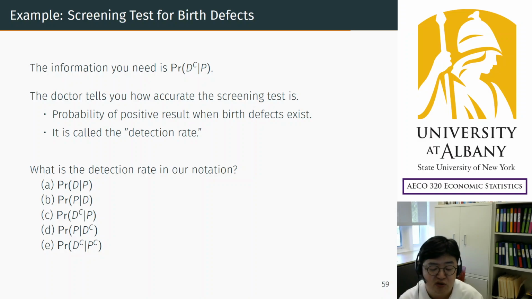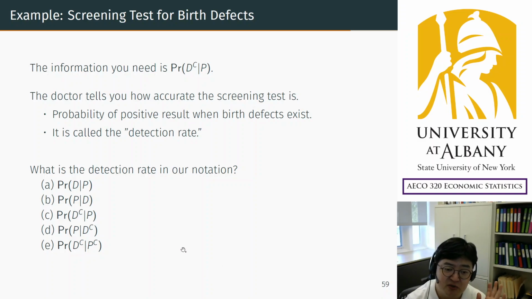You are doing some test on those samples and see how many of the samples turn to positive results, which is the correct result, because your sample consists of DNAs with birth defects. So you are testing them. That is the detection rate.